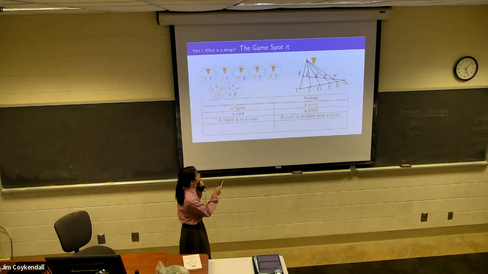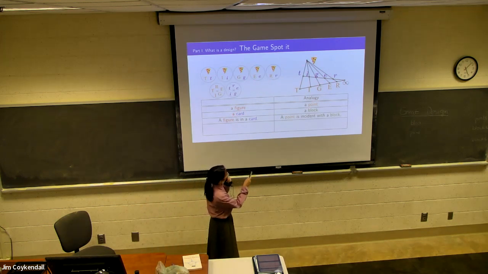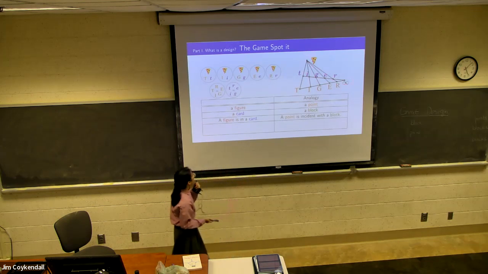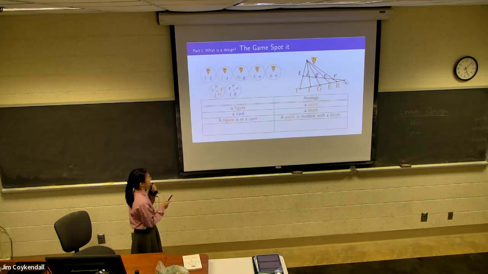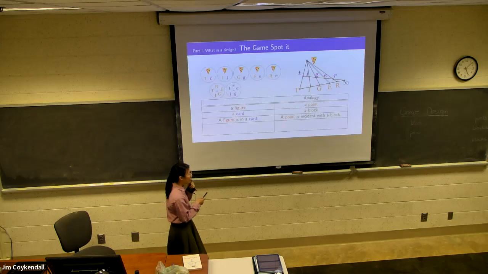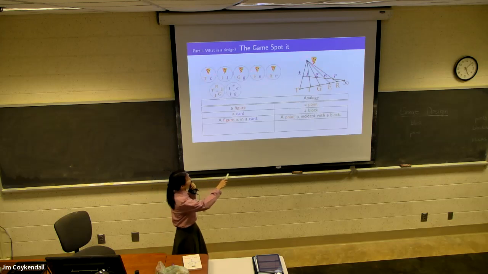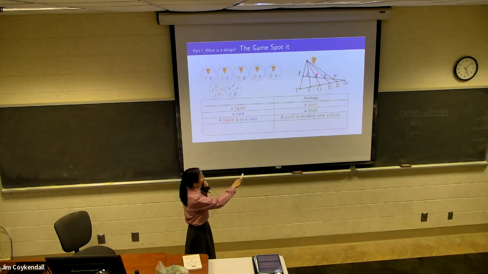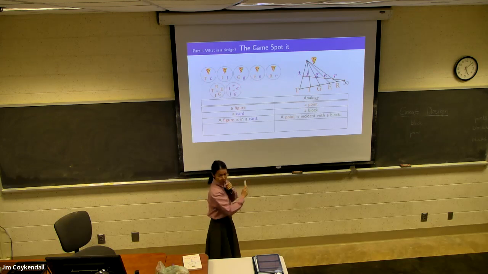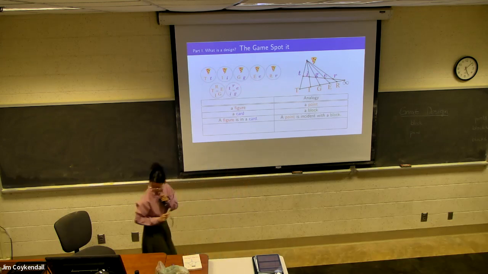All these cards will appear as a block, well, actually just a straight line. And then if a figure is in a card, I would just say that a point is incident with a block. So the 5 pieces of card correspond to these 5 blocks here. And then all the letter cards will correspond to these 2 blocks. That is how I interpret it.